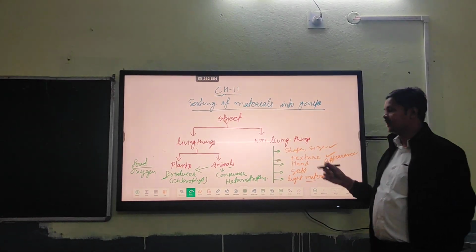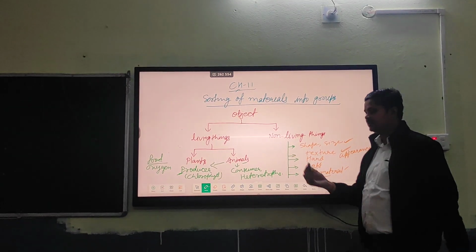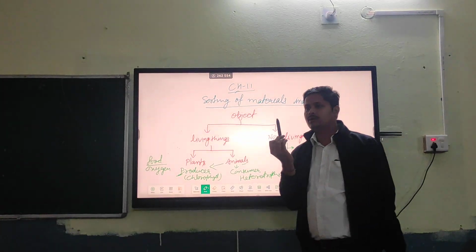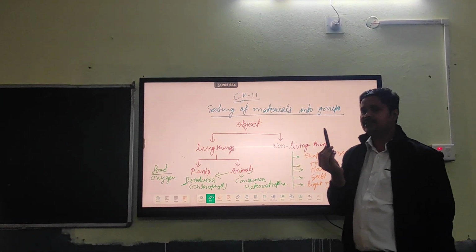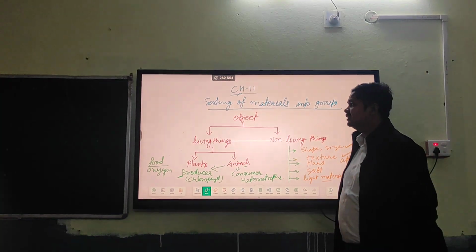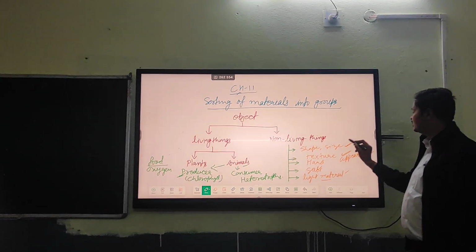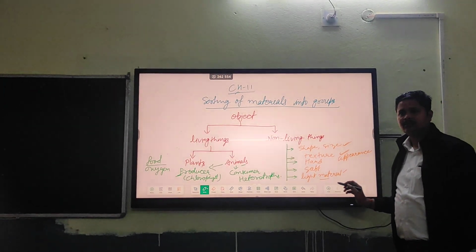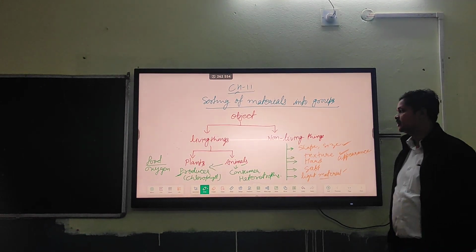We see in the surroundings that a board is big in size and this pen is small. So we usually know that this is a small object and this is a big object. So we can classify objects according to their shape and size. Some are small, some are big, some are soft, some are light.